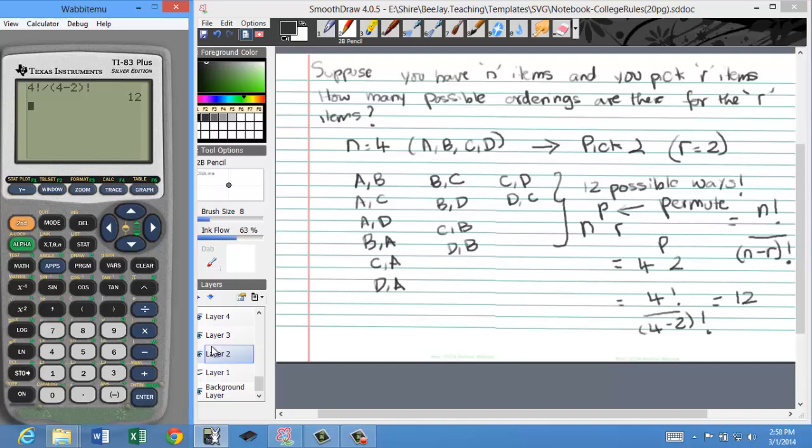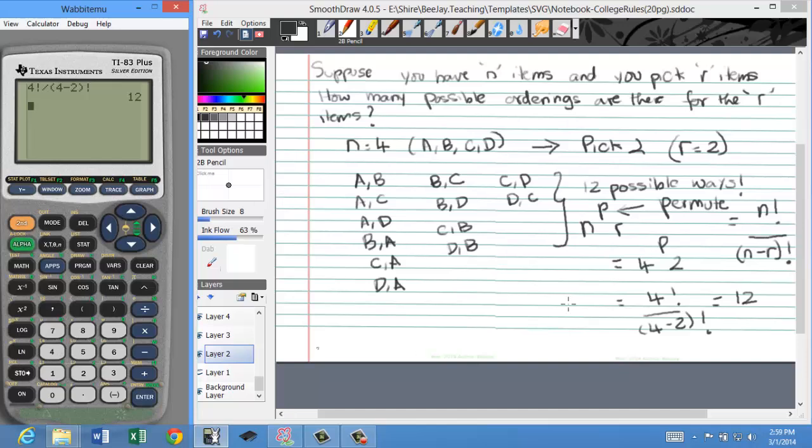So this is neat. I could use a calculator to find the number of permutations if I pick r items out of n items. But there is also an easier approach. The calculator could take all of this formula for nPr and do it in one single function.